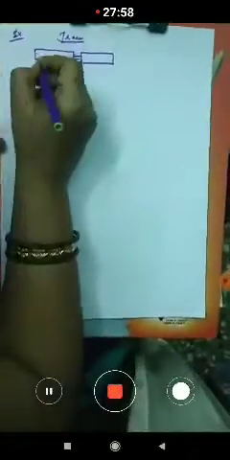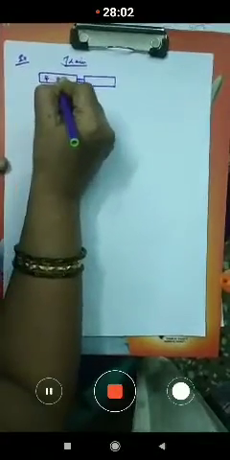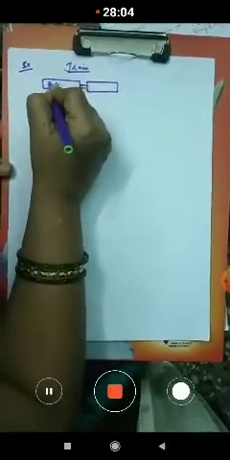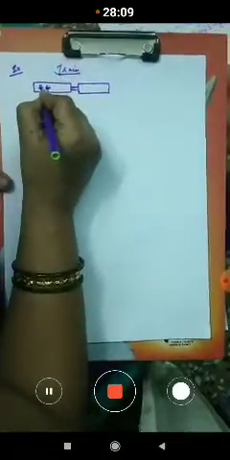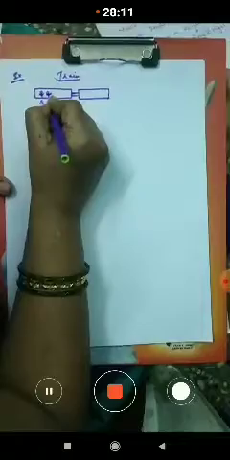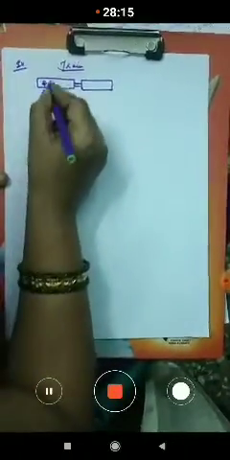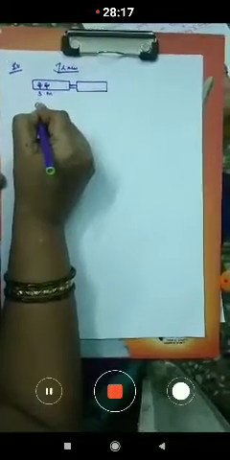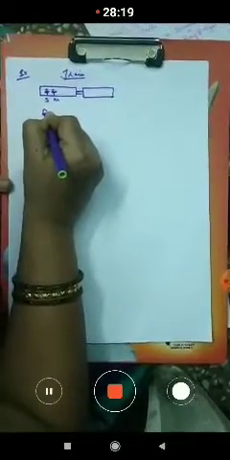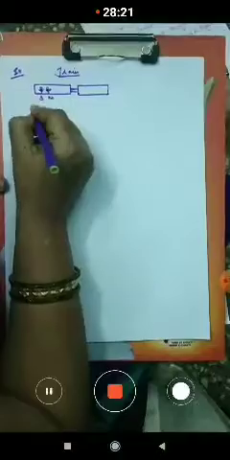Now two people are sitting together. These are the two people who are sitting together. We'll just name them Sonu and Monu. And another friend of Sonu and Monu is standing outside. We can call him Golu.